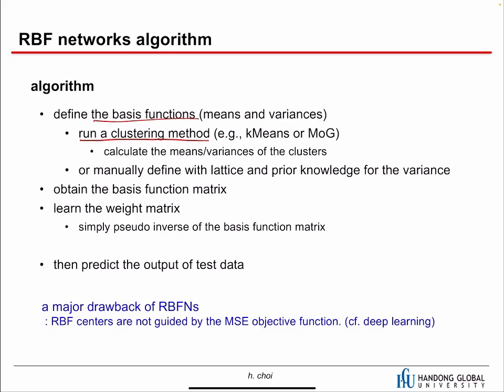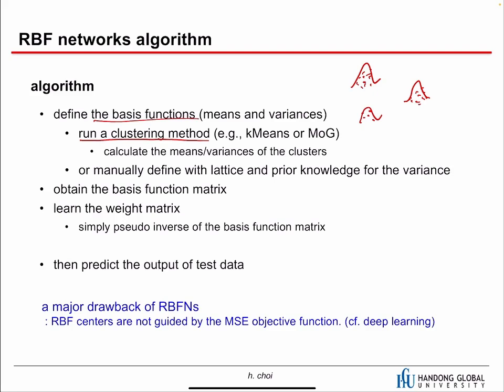So we can have basis functions where there are data samples. For example, if we have this kind of data samples, then we can have radial basis functions around here. In that case, maybe 3 basis functions would be enough to represent all the data samples.